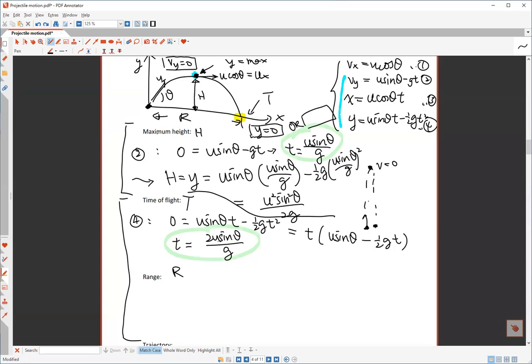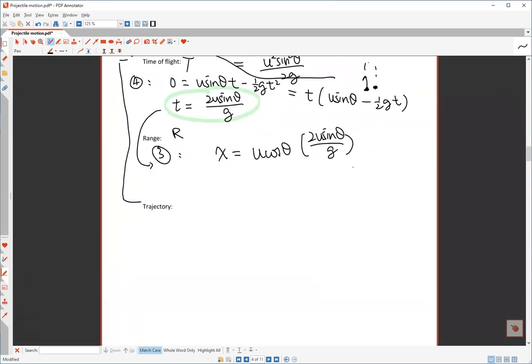And then we are going to find the range. The range is the horizontal displacement. So obviously, we are going to use this time and substitute it in the third equation. Then you get 2u squared sine theta cosine theta over g.